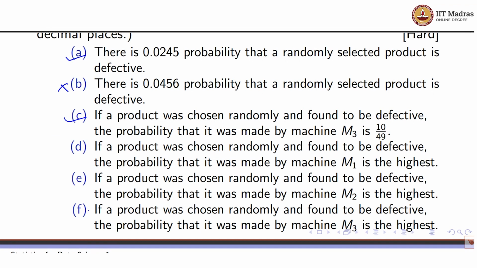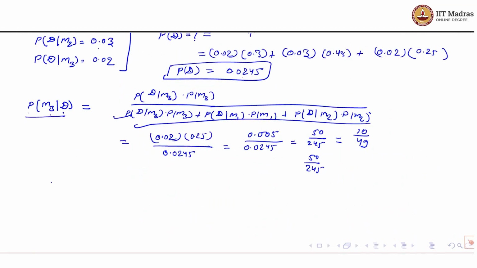And in options D, E and F, it is saying that if the product was chosen randomly and found to be defective, then the probability that it is made by machine M1 is highest, or M2 is highest, or M3 is highest. We have already calculated that the probability that it is made by machine M3, given that it is defective, is 10 by 49, or 50 by 245. Now check the probability that it is made by M1, given that it is defective, and by M2, given that it is a defective piece.